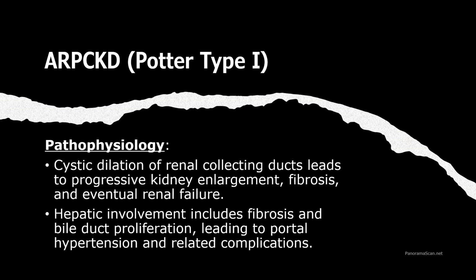This can lead to portal hypertension and other related complications, which can significantly impact the overall health of the individual. As the condition progresses, both renal and hepatic dysfunction contribute to the severity of the disease, and renal failure often becomes a major concern in affected individuals.